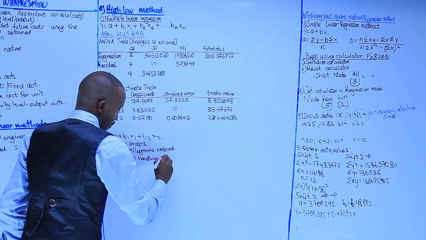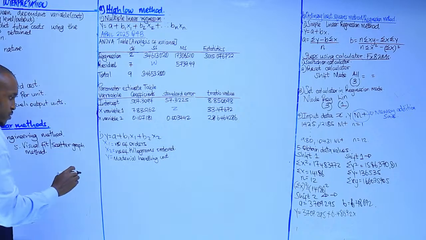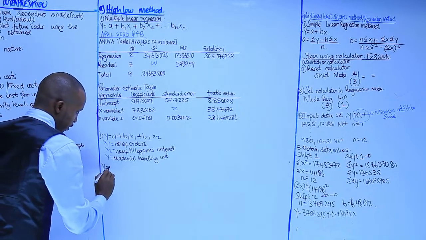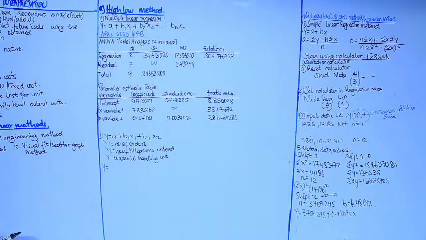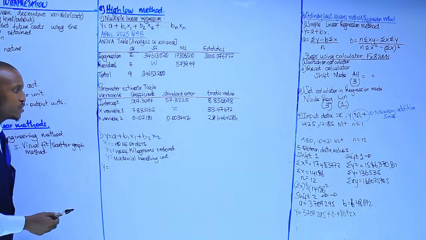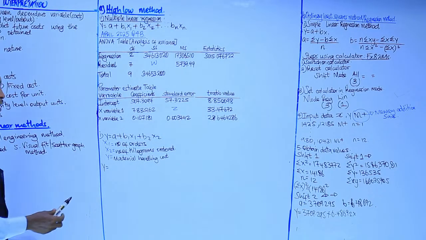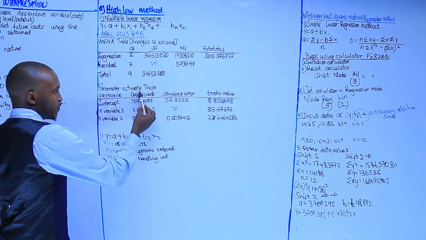Y is your material handling cost. A is normally known as the intercept of y, and the intercept of y is here, the intercept coefficient.